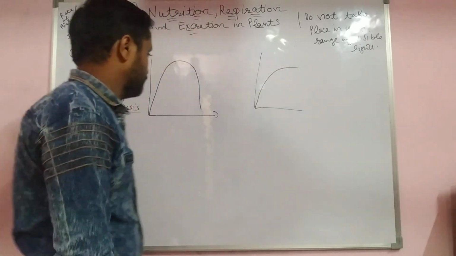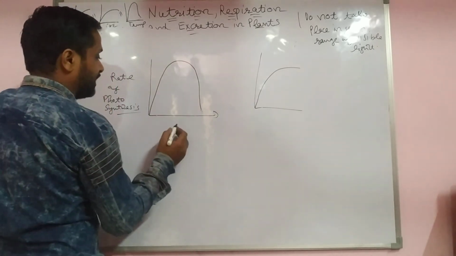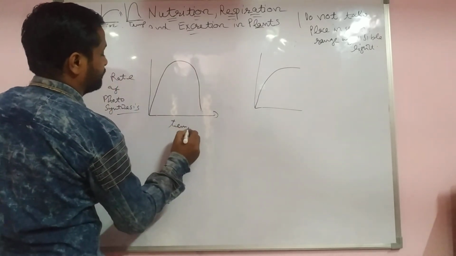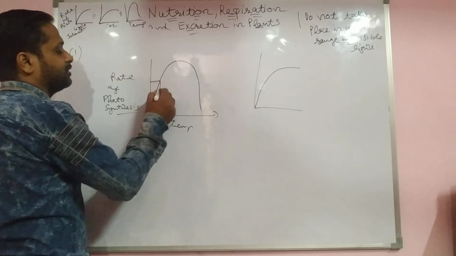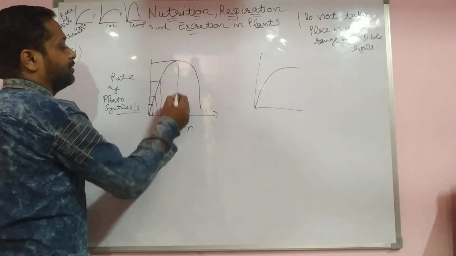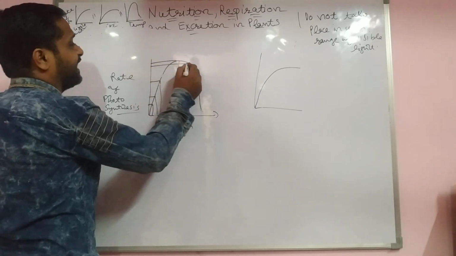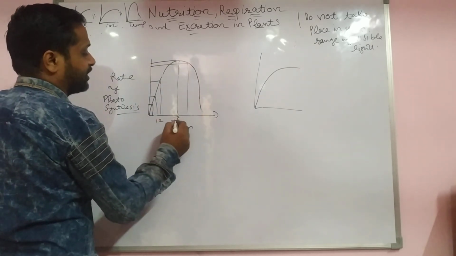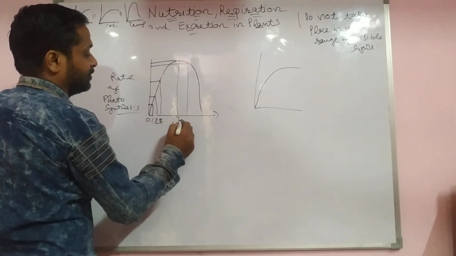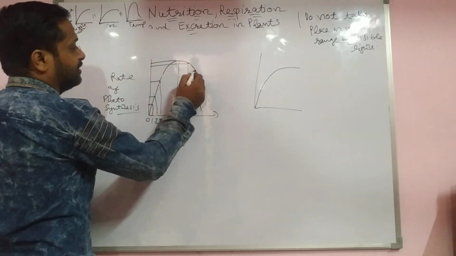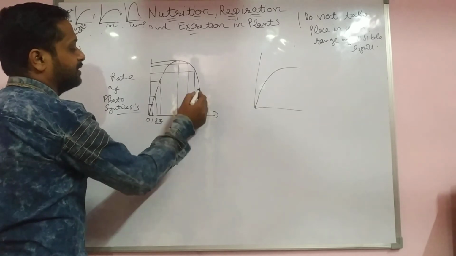Keep in mind. Yes, here we take temperature. When temperature increases, the rate increases. Here is the maximum. But afterward, if you increase it, the rate starts decreasing. Keep in mind.